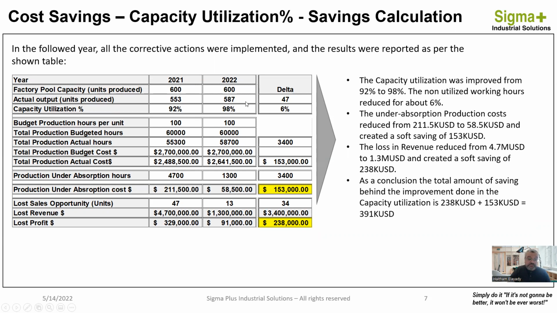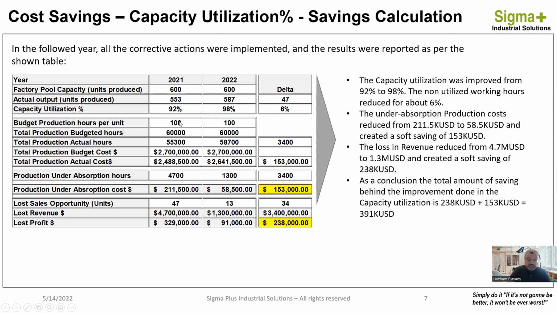You have actually reported in 2022 587 units, which means that you have reported a 98% capacity utilization, which means that you have improved your capacity utilizations and reduced the non-utilized working hours by approximately 6%.